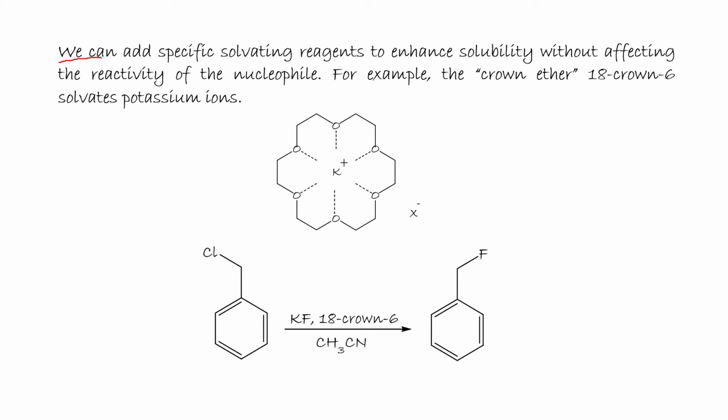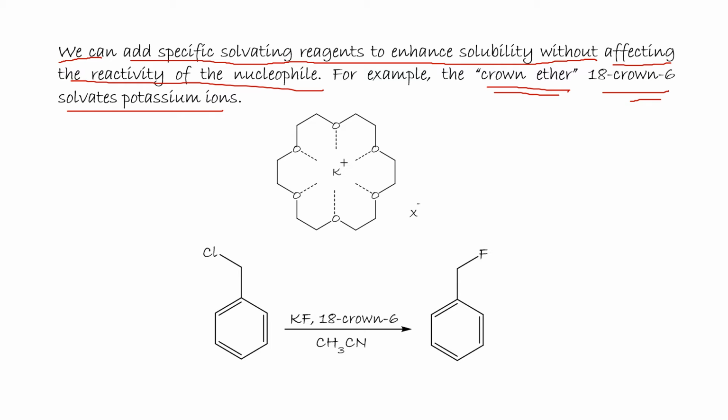We can add a specific solvating reagent to enhance solubility without affecting the reactivity of the nucleophile. For example, we can add crown ether, 18-crown-6, to solvate potassium.